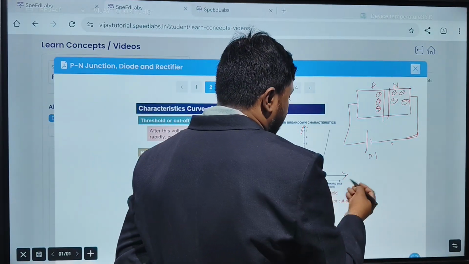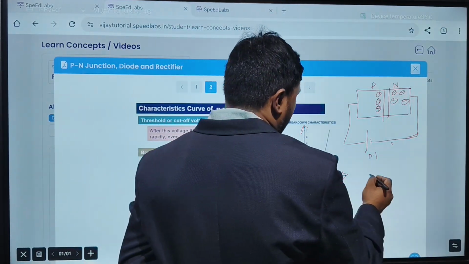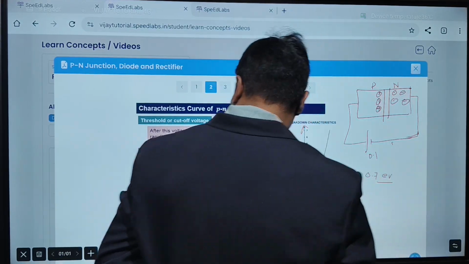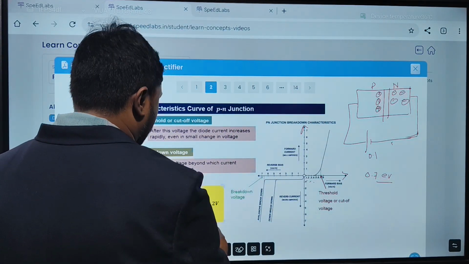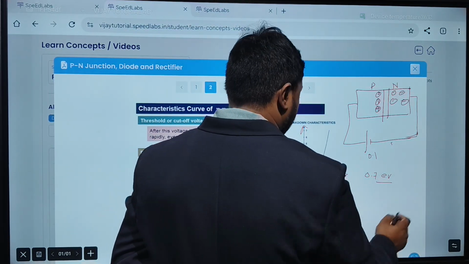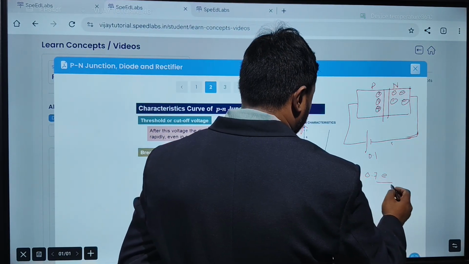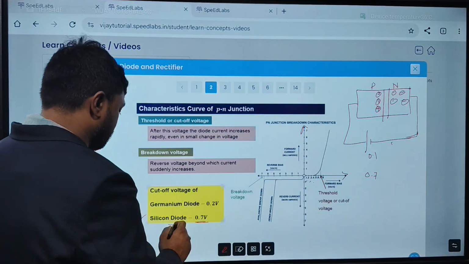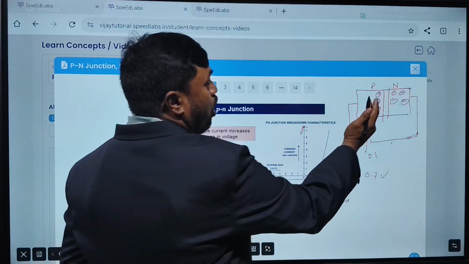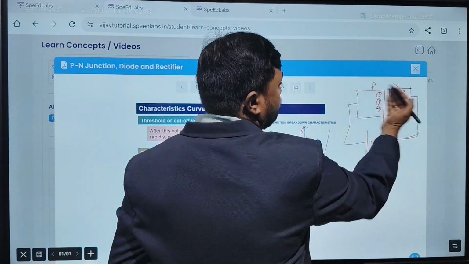Now as soon as it reaches the barrier potential, which is generally 0.7 volt for silicon, as soon as you give 0.7 volt, all the holes will start moving and electrons will start moving.